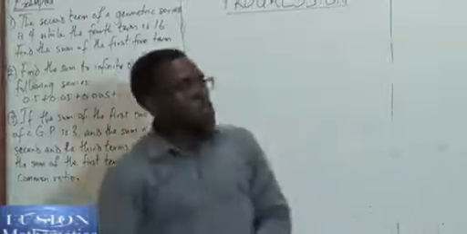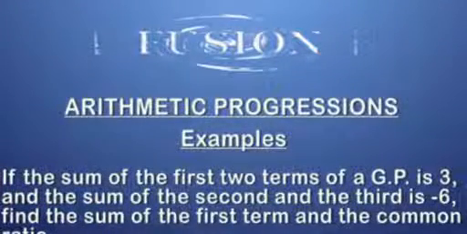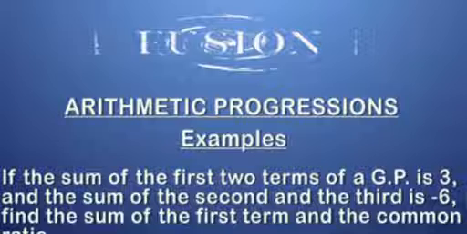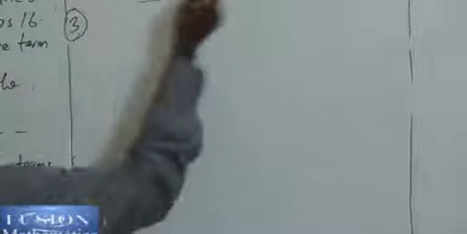Now let's look at question 3. It says, if the sum of the first two terms of a GP is 3 and the sum of the second and the third term is minus 6, find the sum of the first term and the common ratio. Let's look at it. We take the statements one after the other. The first statement says the sum of the first two terms. First two terms means the first term and the second term.